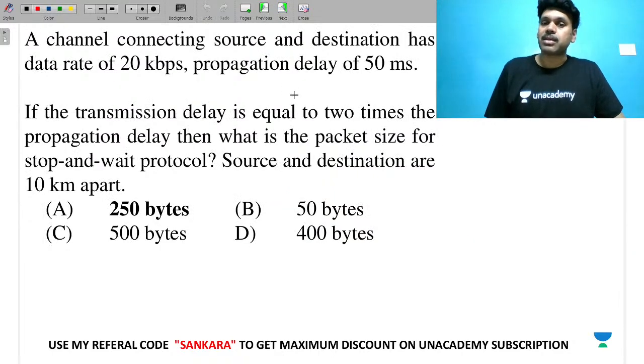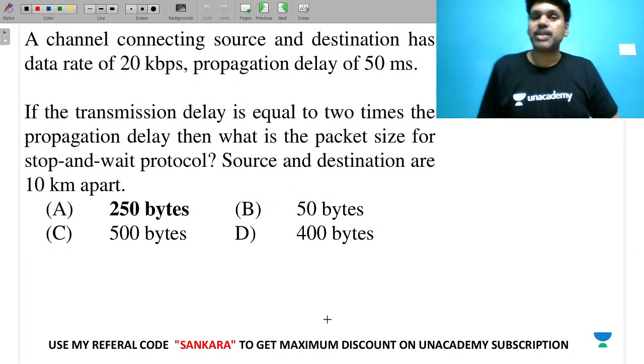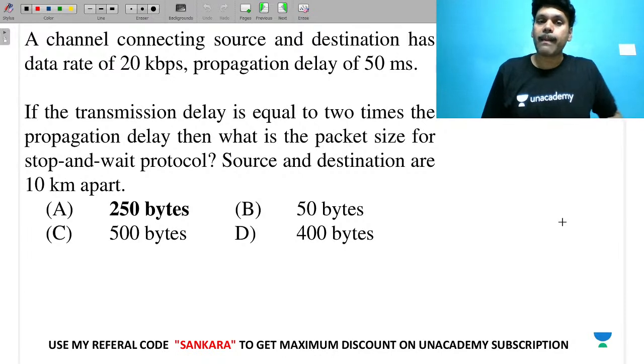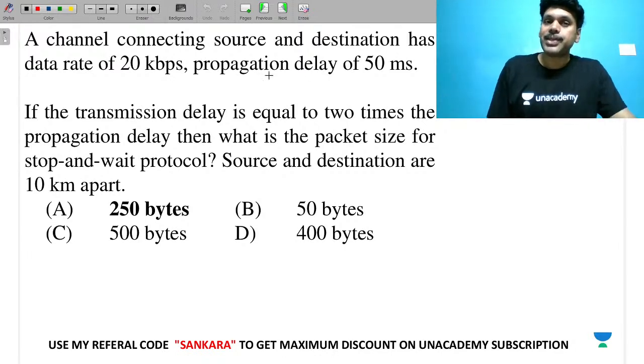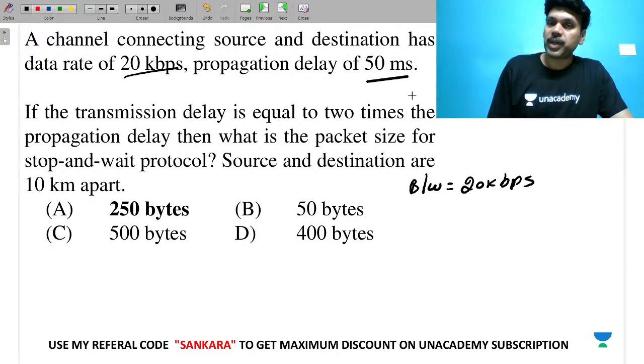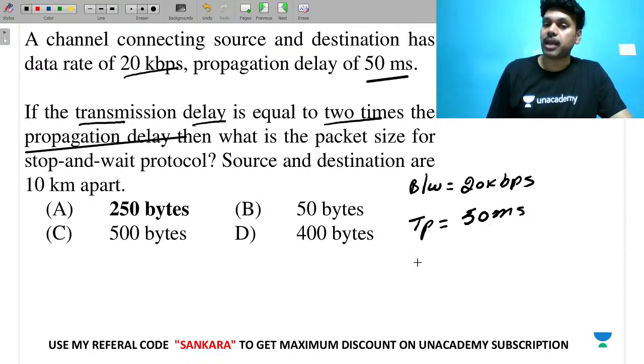So let's crack one more question based on stop and wait protocol. He said that bandwidth is equal to 20 kbps, propagation delay Tp is equal to 50 ms, and transmission time is equal to 2 times your propagation delay.